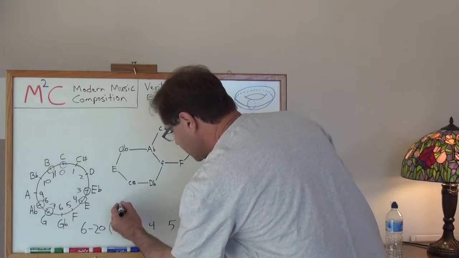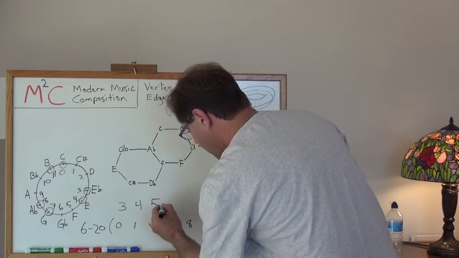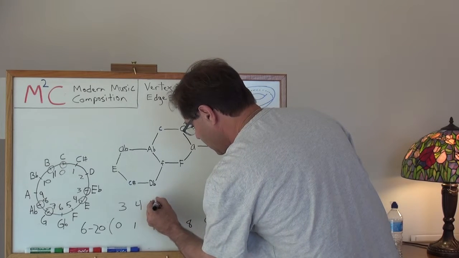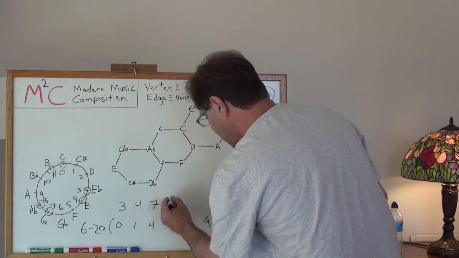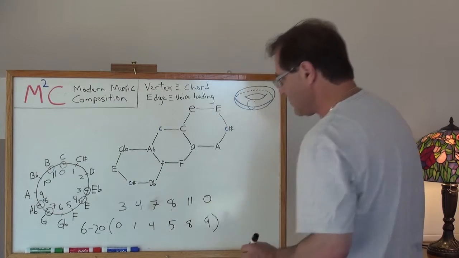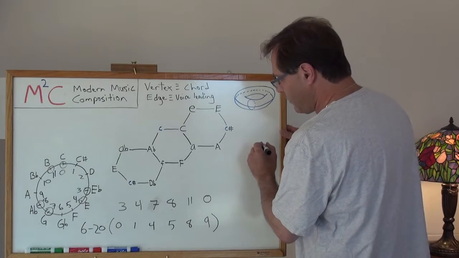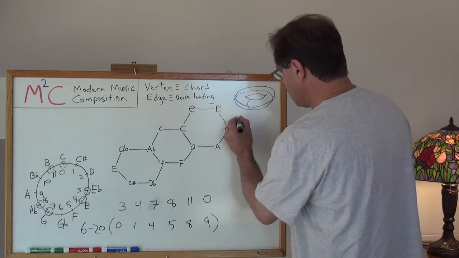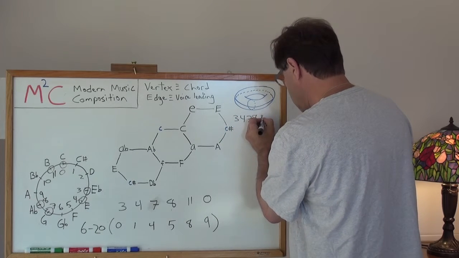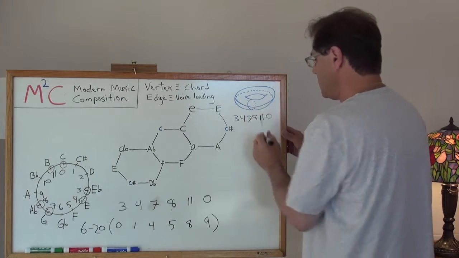So 3, 4, 7, 5 plus 3 is 8, 8 plus 3 is 11, 9 plus 3 is 12, which is 0, right? So let's remember that. 3, 4, 7, 8, 11, 0. That's an 11. Sorry. 11.